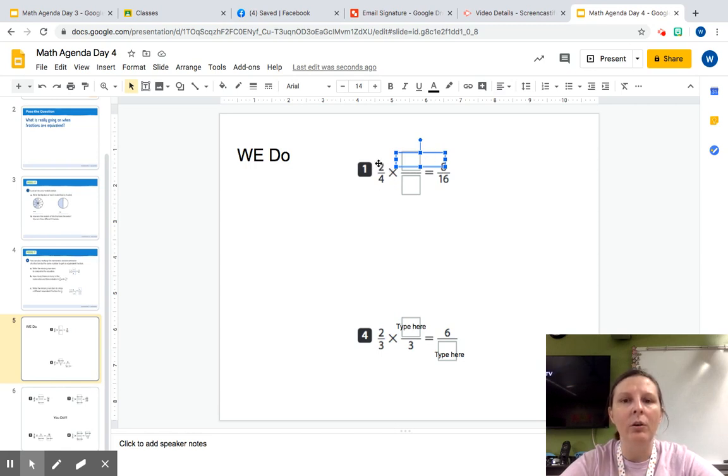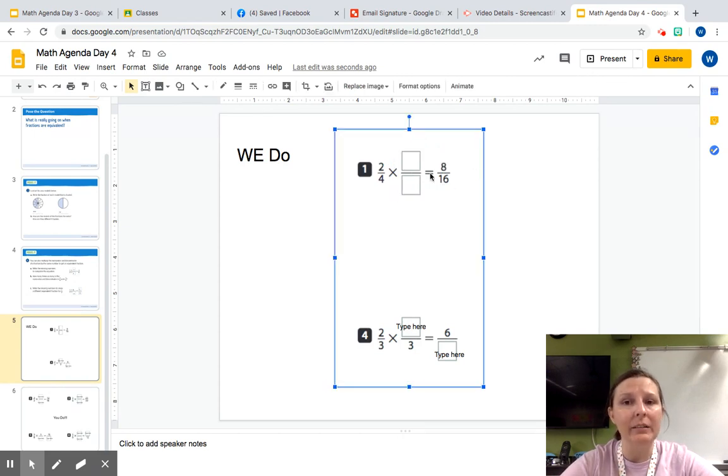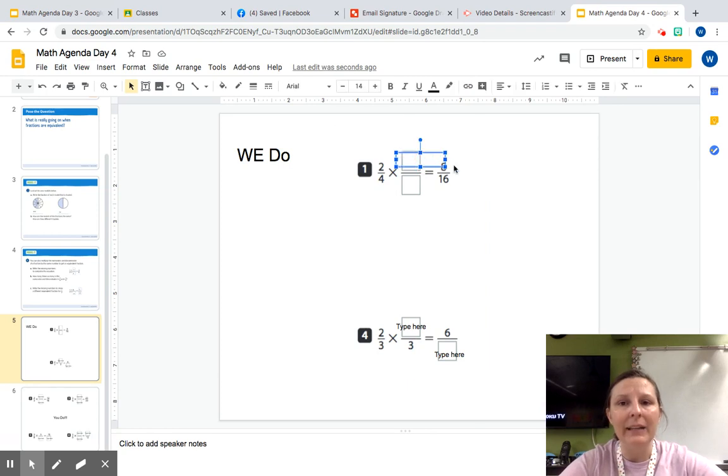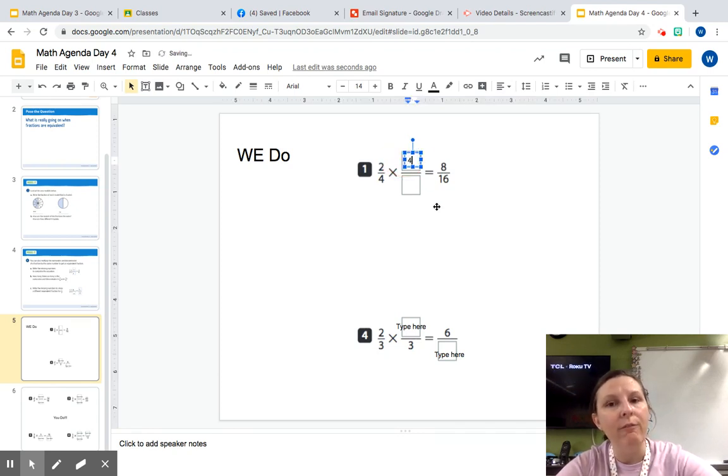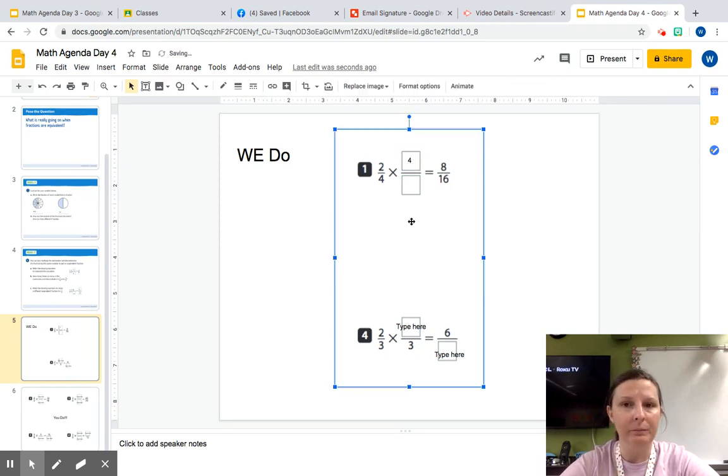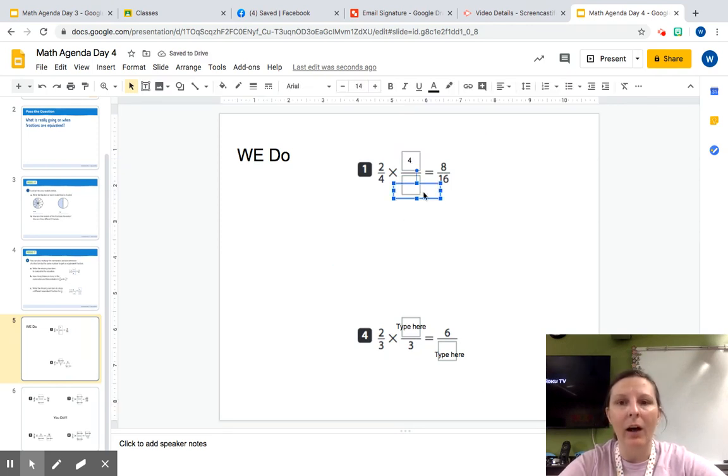So I know 2 times what equals 8. 2 times what equals 8. I know, just because I know my multiplication facts so well, that 2 times 4 equals 8. Okay? Now, I also know, let me fix this box a little bit here.